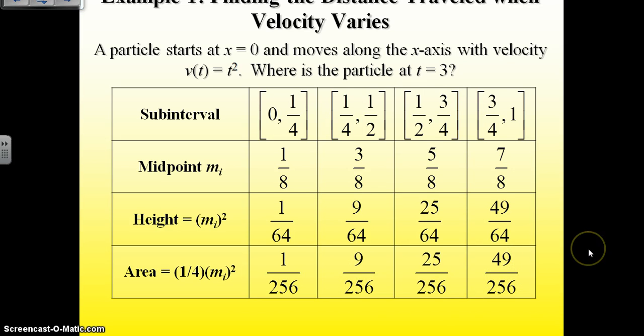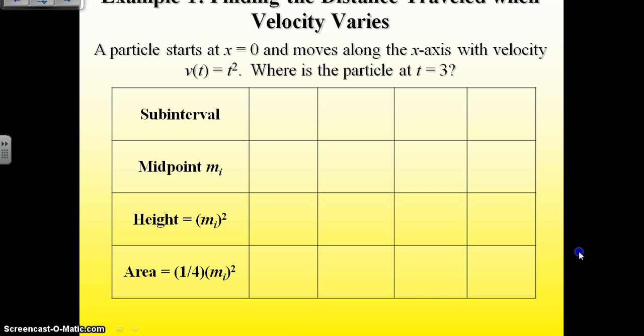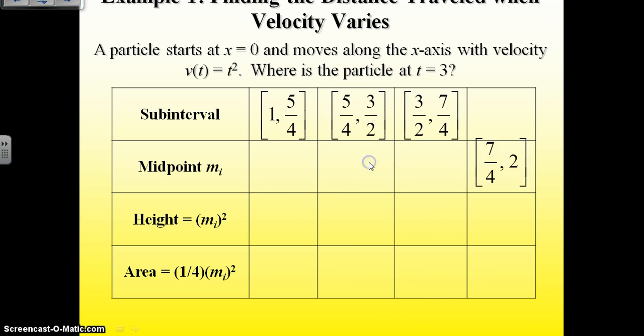Now I'm going to repeat this process twice, one time going from 1 to 2, and the next time from 2 to 3. I'll go through these very quickly. If you want to work them out yourself and see the numbers, pause the video. Alright, our next intervals are 1 to 5/4, 5/4 to 3/2, 3/2 to 7/4, 7/4 to 2. Now, find the midpoint the same way. Add each of these up, divide by 2.